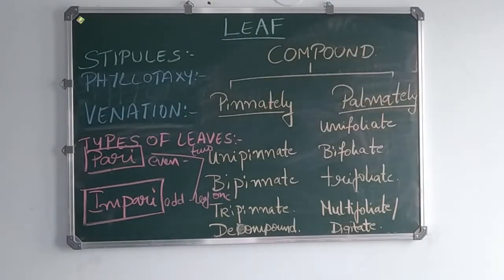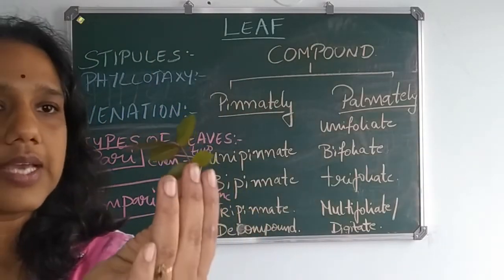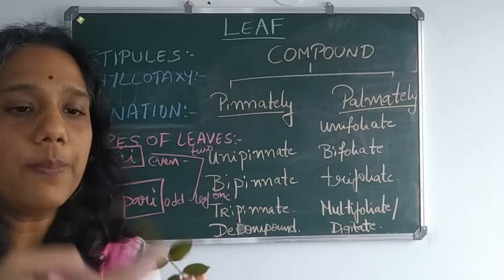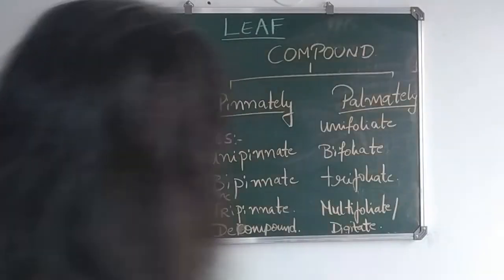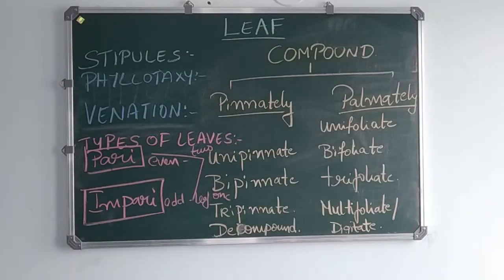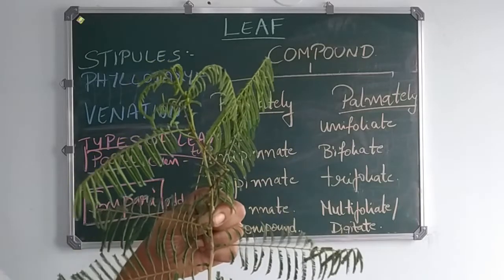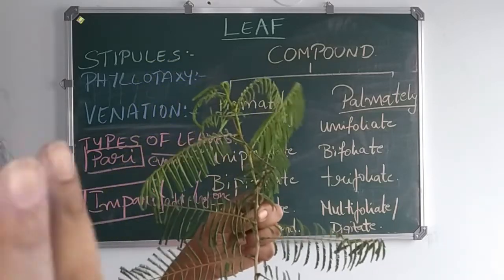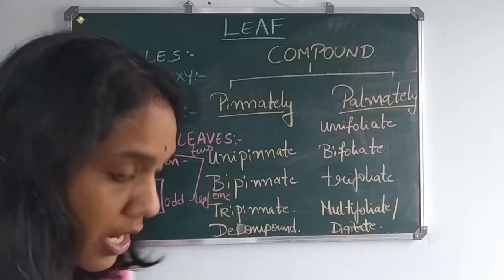And then we have the imparipinnate compound leaf. Example is rose, because it is ending with one leaflet at the top and having an odd number of leaflets in them. Then we have bipinnate. Example for bipinnate is acacia. Here I told you there is this rachis and then there is another rachis, so the lamina is broken down into two, and this is an example for bipinnate.